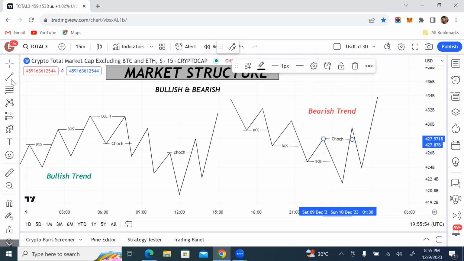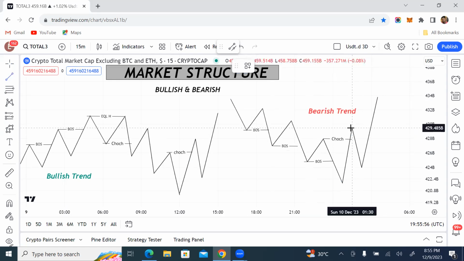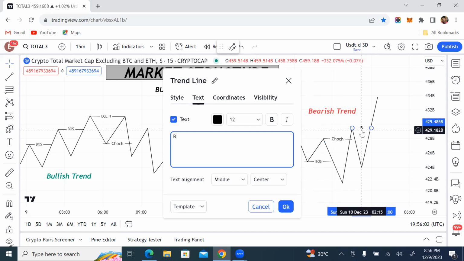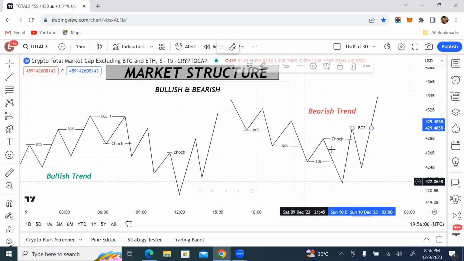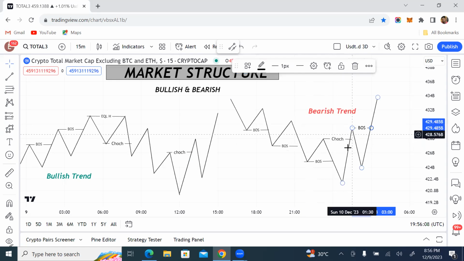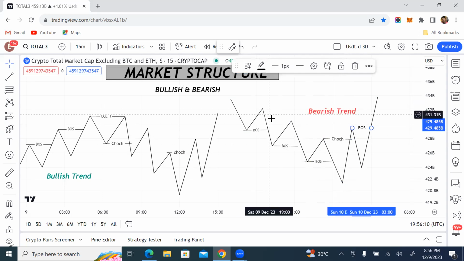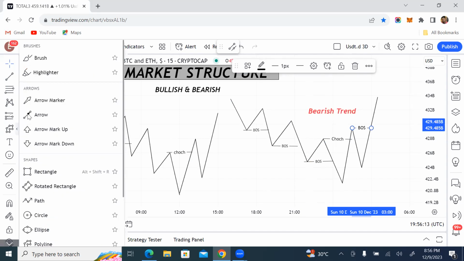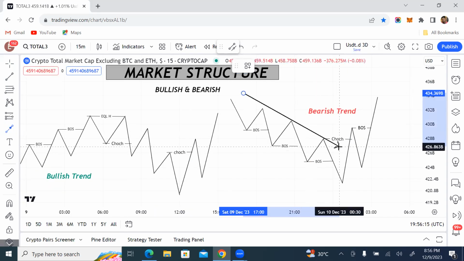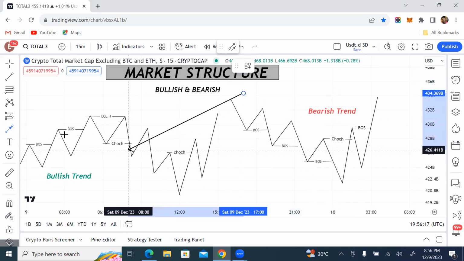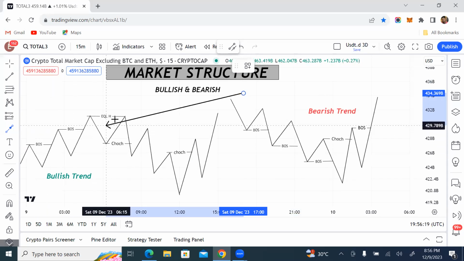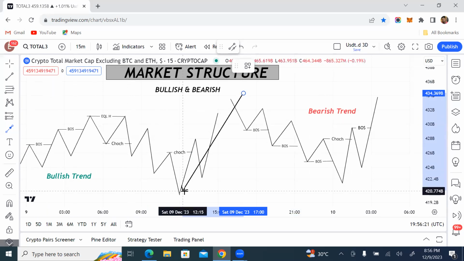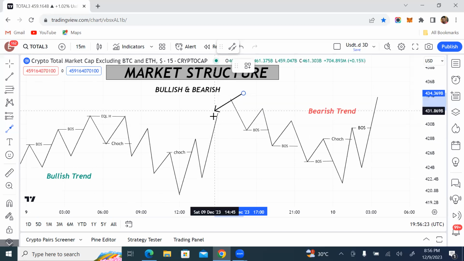Then here becomes a break of structure, and we begin to move to the upside again. So we have switched from bearish, which is downwards, to bullish. And we also switch from bullish to bearish to bullish again.